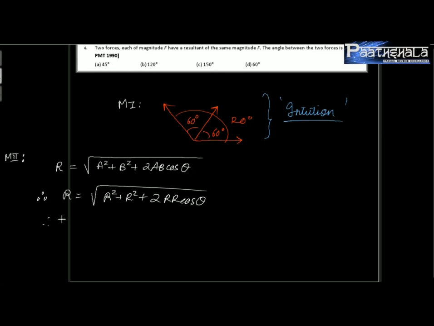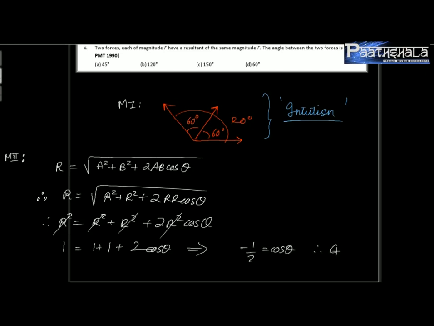Therefore squaring we get R square is equal to R square plus R square plus 2R square cos theta. We simply cut R square from the entire equation to get 1 is equal to 1 plus 2 cos theta, which again gives us mathematically minus half is equal to cos theta. Therefore theta is equal to 120 degree. From here to here is plain trigonometry, there is no physics involved.